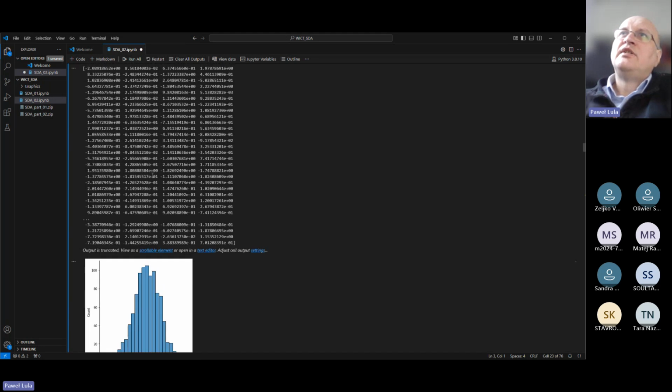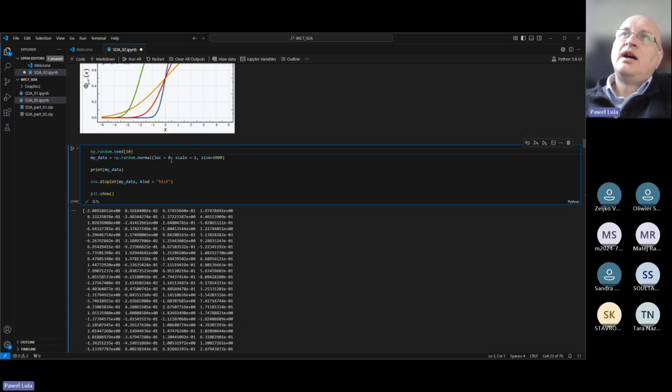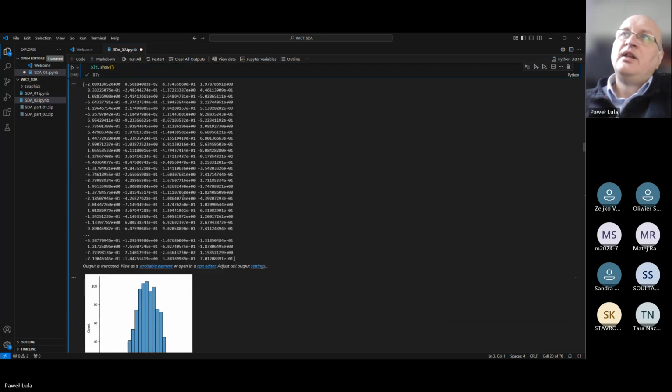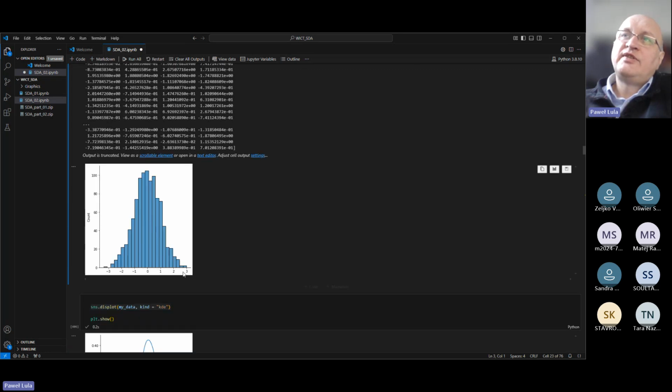And we see, when I generated data with normal distribution for mu equal to 0 and standard deviation sigma equal to 1, then for this data, the histogram has this shape.